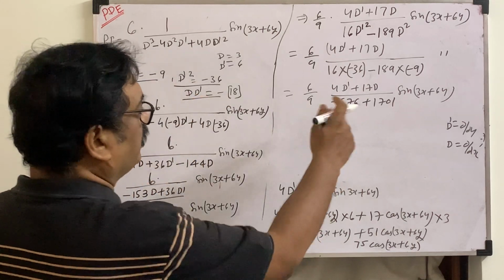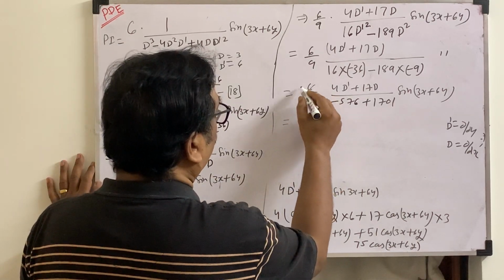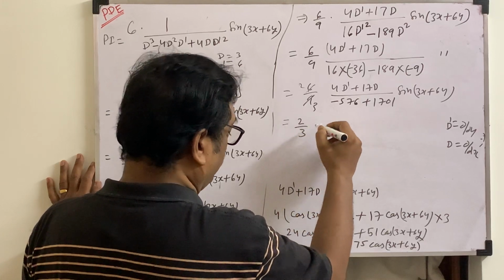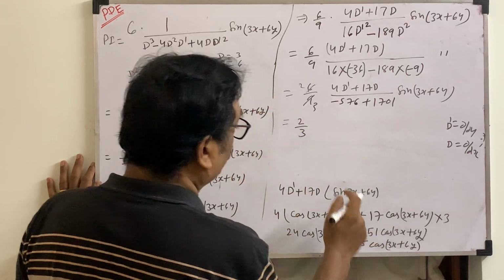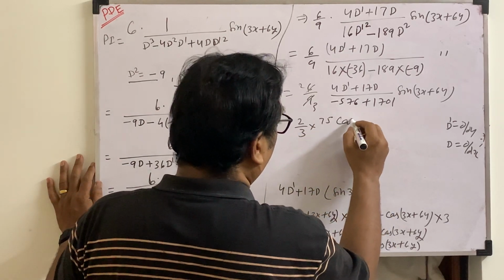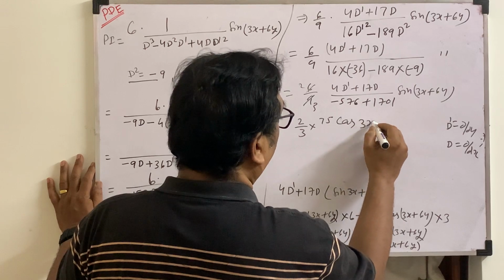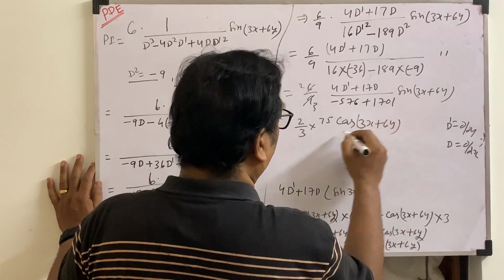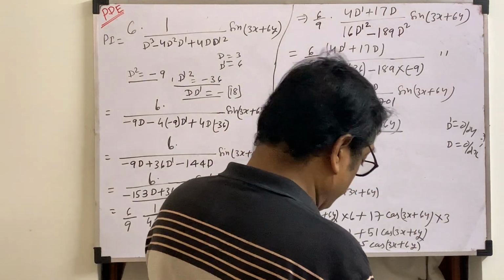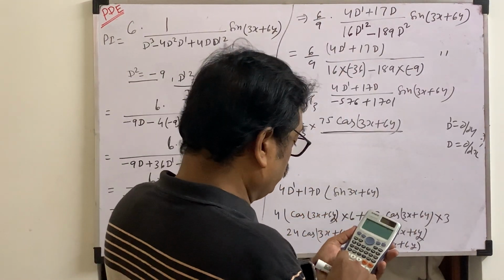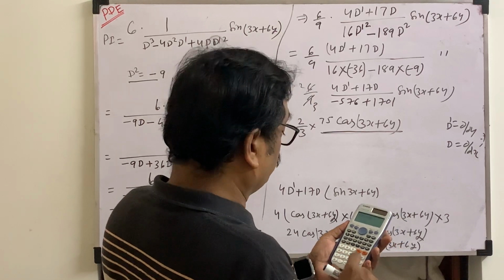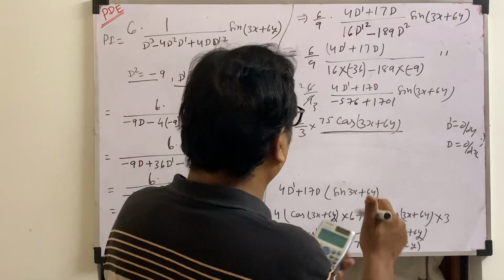Now you got here. So directly we'll write here 2 by 3. Then this directly you write 51, 75 cos 3x plus 6y, divided by how much will this one come? 1701 minus 576, it is getting 1125.